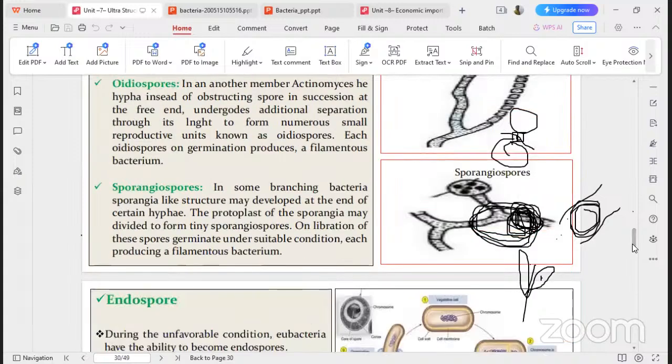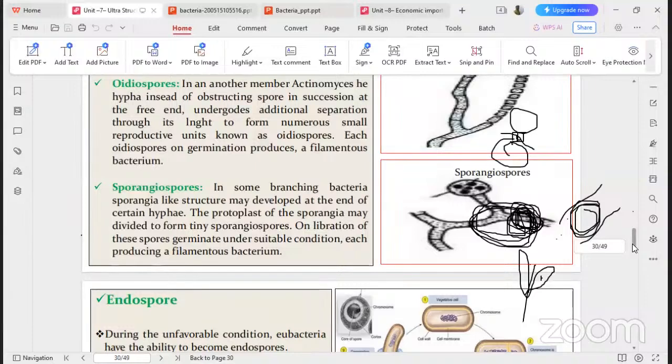These are all found in the filamentous actinomyces bacteria, not in normal bacteria. Actinomyces are gram-positive bacteria that look like fungal filamentous structures, but are bacteria, prokaryotes. That's why we call them actinobacteria, actinomyces.